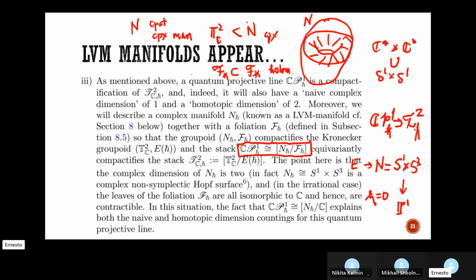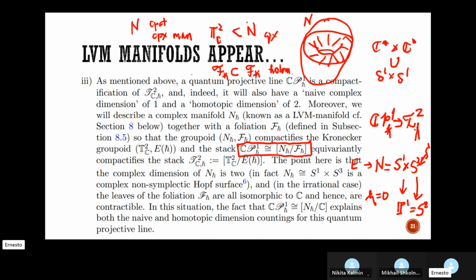And if I forget about S1, what I have is P1, S3 above. I have a topological situation. S3 above S2 with fiber S1. This is the Hopf fibration.